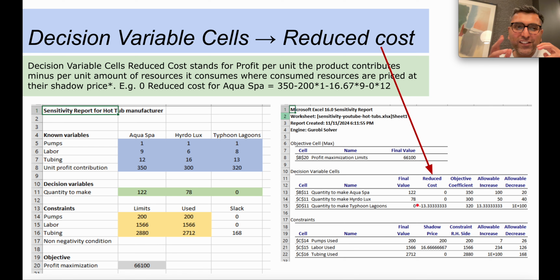It also needs some understanding of shadow price. Think about shadow price as how much each of these resources that you have constraints on is valued in terms of overall profits. How much does it contribute? So if you had 1 pump extra, you could make $200 more. That's how you can think about it.